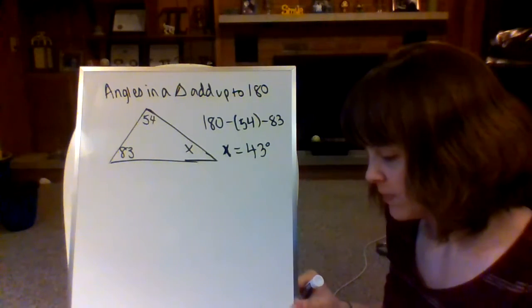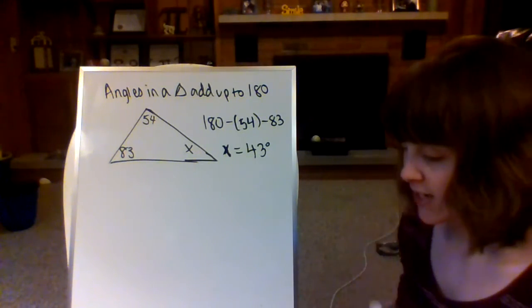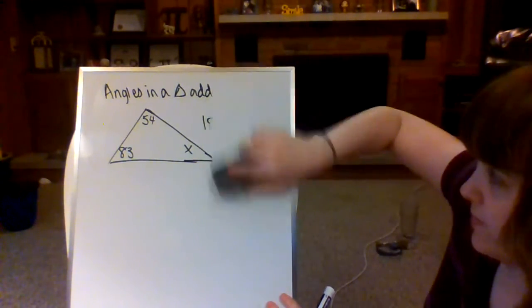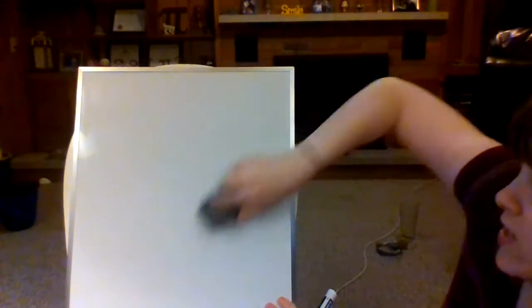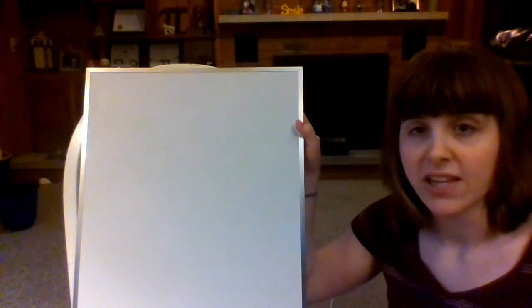Okay, now the last idea is finding an angle outside of a triangle. Keep in mind that triangles still add up to 180 on the inside, but I'm going to teach you how to find an angle on the outside. Okay, x is here, 59 is here, and 38 is there.